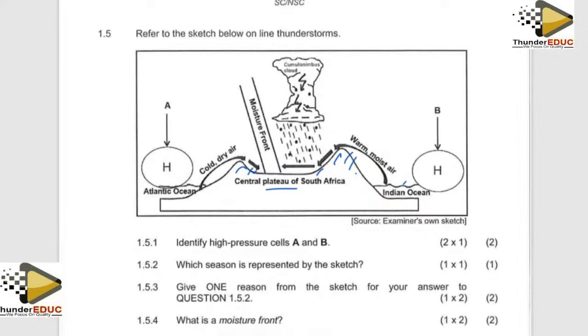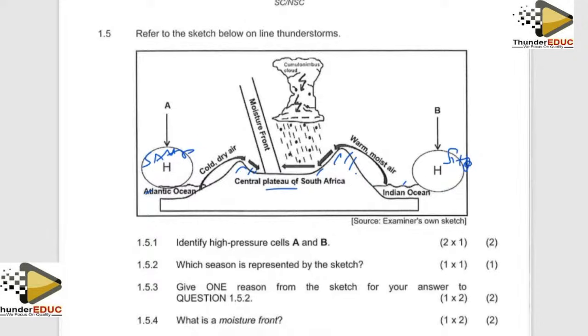There is an anticyclone here and an anticyclone here. So there is air leaving this side towards the interior, and there is air leaving this side towards the interior. If you're to name this anticyclone, since this is the Atlantic Ocean, it is going to be the SAHP, South Atlantic High Pressure. This one is going to be the South Indian High Pressure. So remember, learners, I said you don't look at the questions immediately.